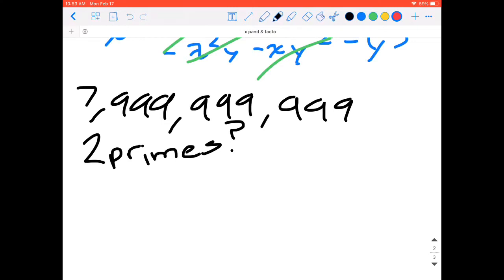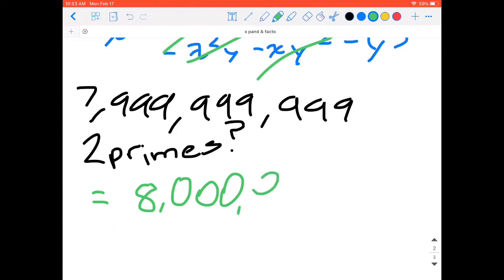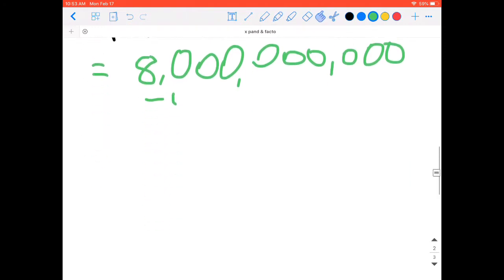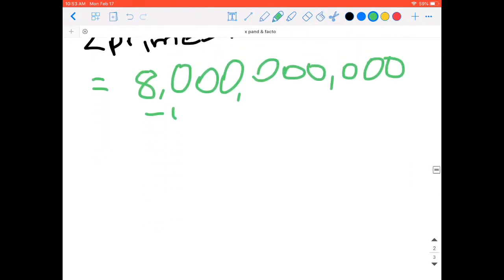But we can probably easily see that this giant number, solve in green, that giant number equals 8 billion, I think that's billion, I'm not sure, but yeah, it's got 9 zeros, minus 1. Okay, so yeah, difference of squares wouldn't work here, as you can see.